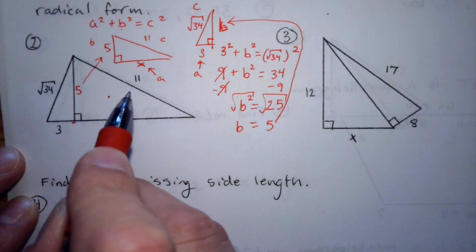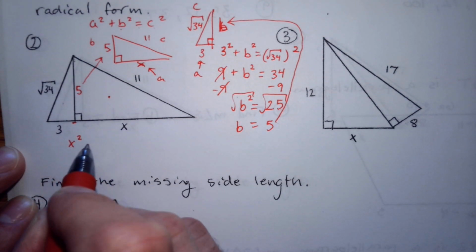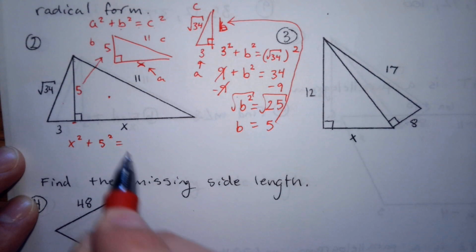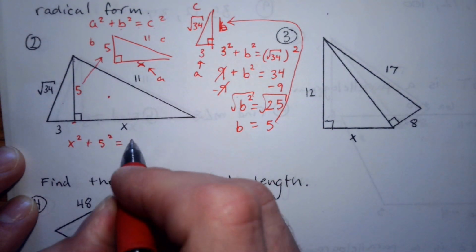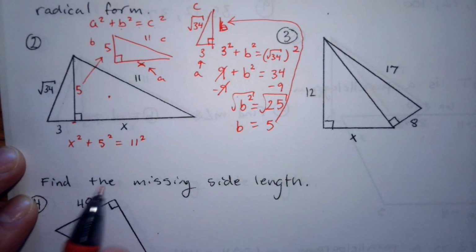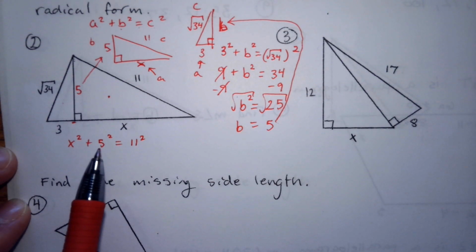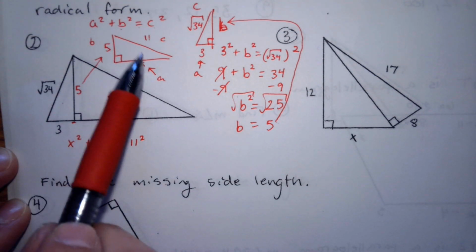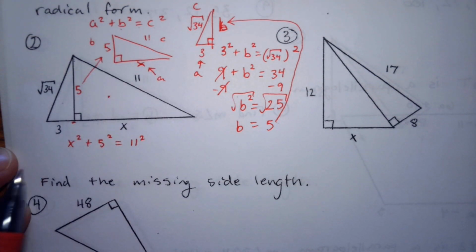So then I would have x squared, that's a squared, plus 5 squared equals c squared, 11 squared. When I saw people doing this, they had like x squared equals 5 squared plus 11 squared. That's wrong. Make sure you're choosing the proper value for c.